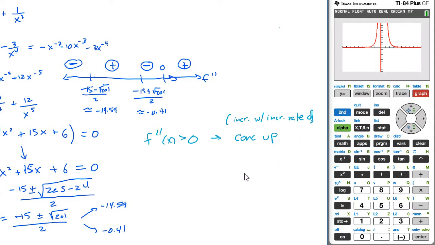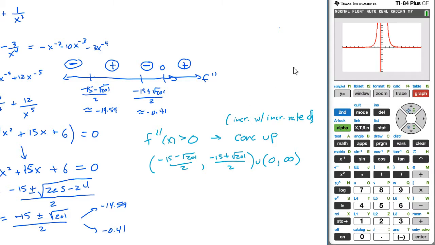And so where are we concave up? It looks like between these two roots right here. So this would be from negative 15 minus root 201 over 2 through negative 15 plus root 201 over 2, union from 0 through infinity. Okay, again, we're not including the endpoints.